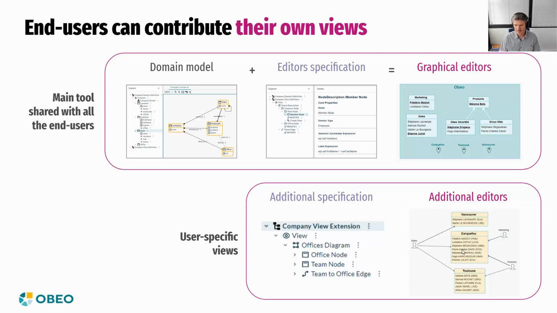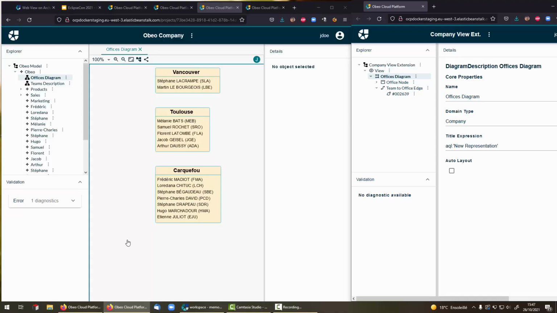So let's take an example. I will reuse the same domain models. I don't change the data structures, but I will just create a new layer here to be able to show my employees by location and add teams on the left side and right side of each location.